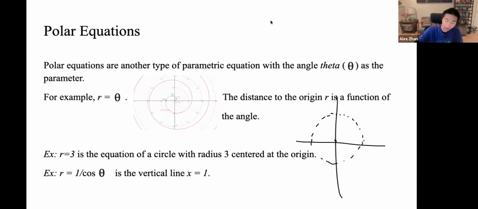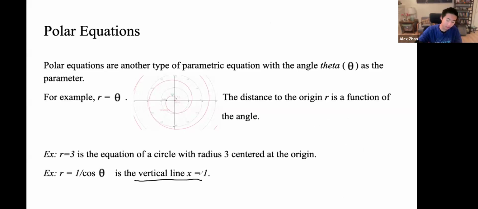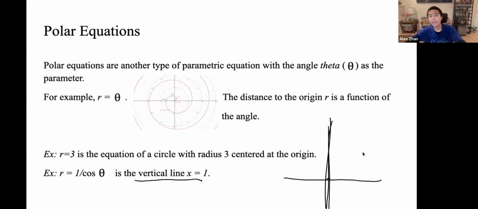So what about r equals 1 over cosine theta? Over here, I already wrote down what it is, but can someone explain why it is the vertical line at x equals 1? Come up with an explanation. Maybe you don't completely understand right now, but just come up with ideas. What relationship does 1 over cosine theta have with a line? Hint: turn it into rectangular form.